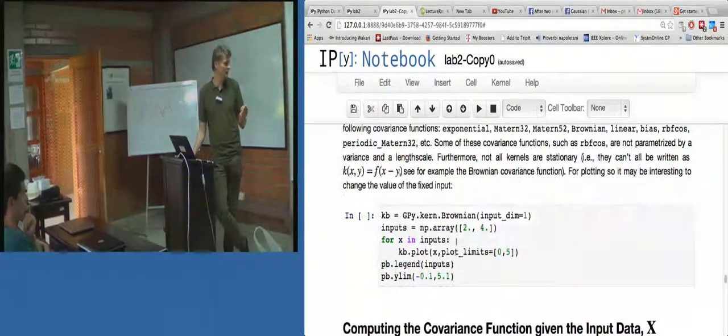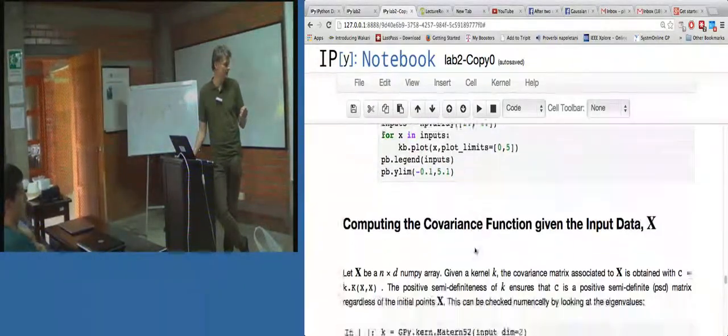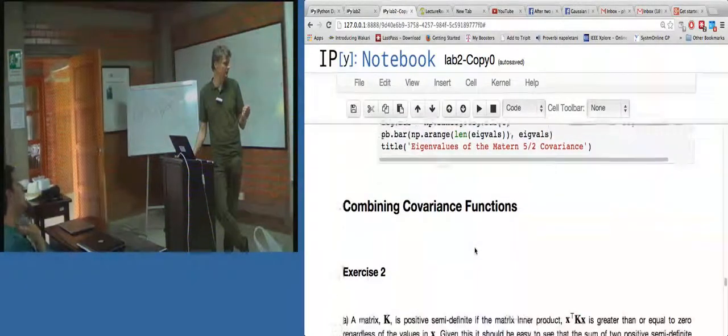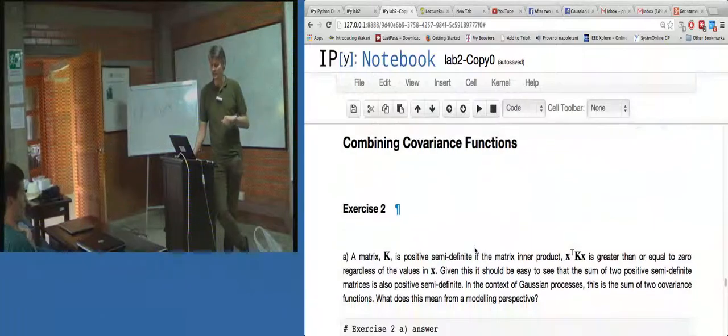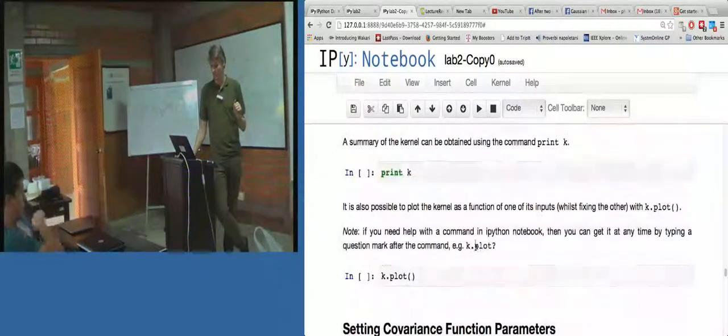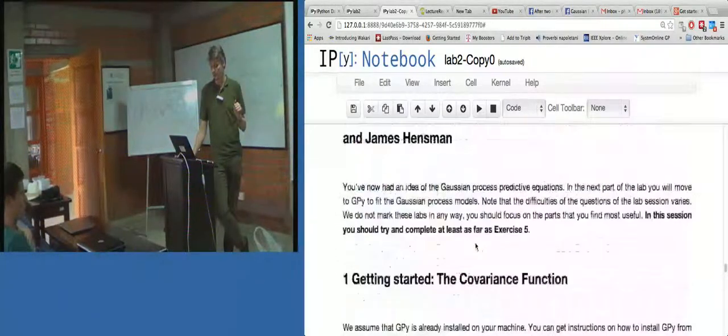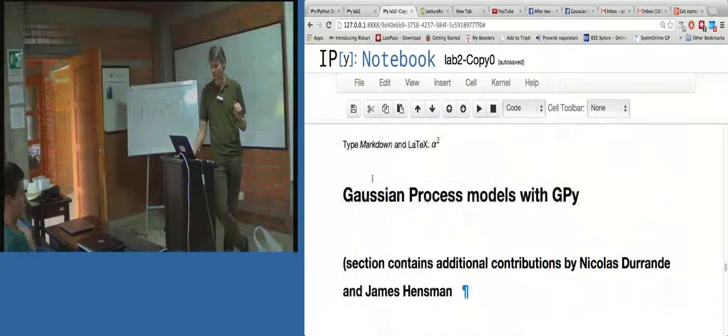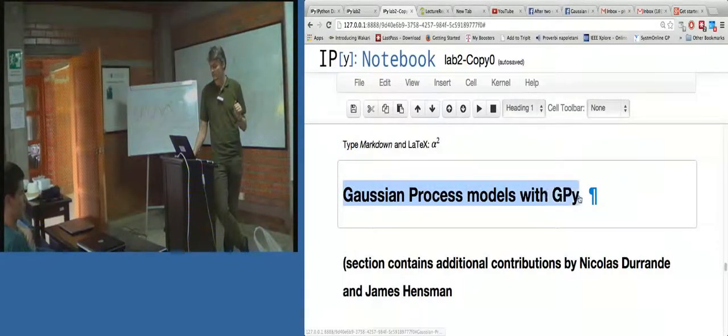And then after that, we're going to move on to a section which will use different covariance functions. But before we move on to that, I'll spend a bit more time talking formally at the lecture. So get up to this point here. Stop before the start of where you start using Gaussian process models with GPy.